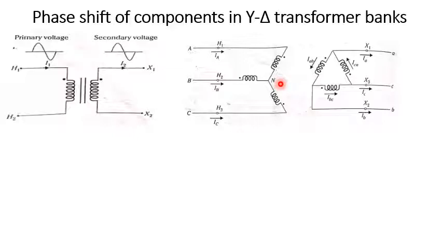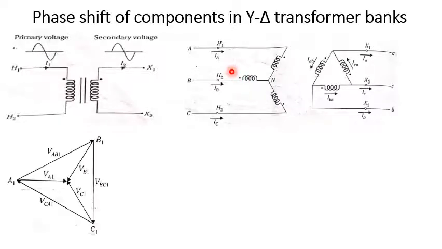So VAN is always in phase with VAB. Consider the equations we know for the positive sequence components: VB1 lags with respect to VA1, and similarly VC1 lags with respect to VA1 by an angle of 240 degrees.